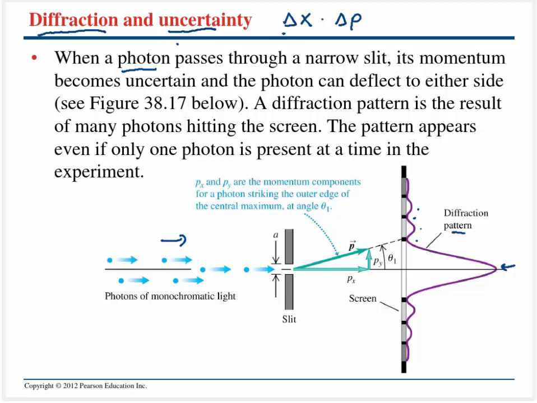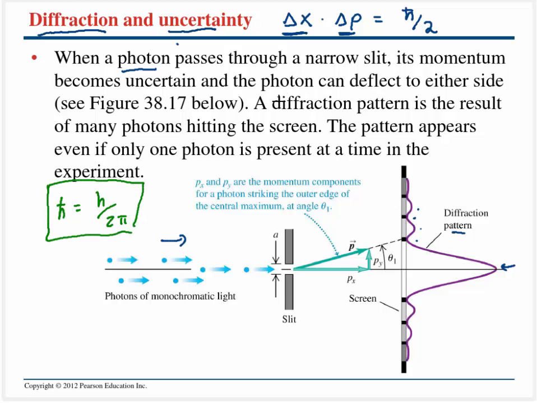And the product of the uncertainty in its position, delta x, multiplied by delta p, is going to be equal to a constant. It's called h bar divided by 2. And a fellow by the name of Heisenberg came up with this uncertainty principle. Now this h bar is just simply going to be equal to Planck's constant h divided by 2 pi, and this guy just pops up so often that we just don't want to write the 2 pi's.